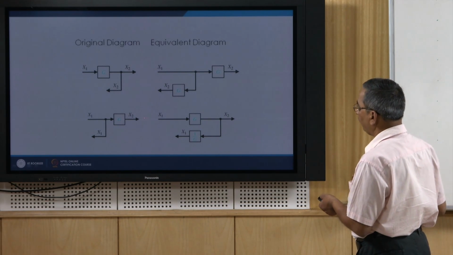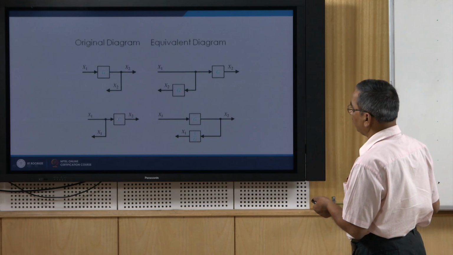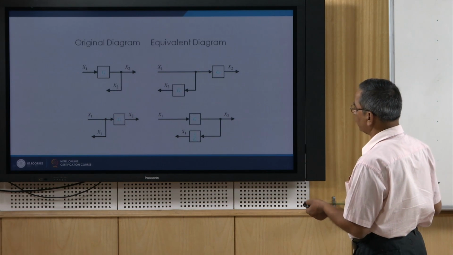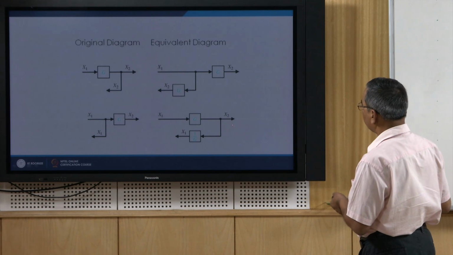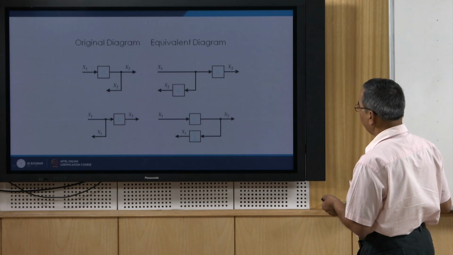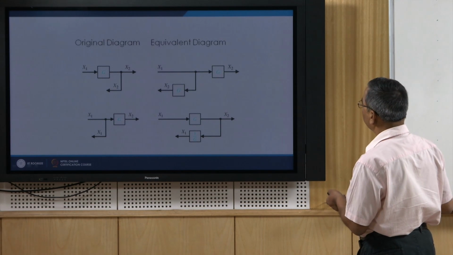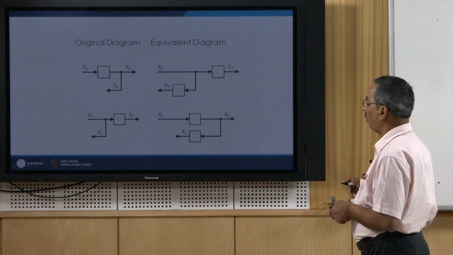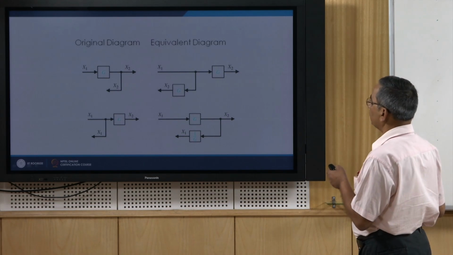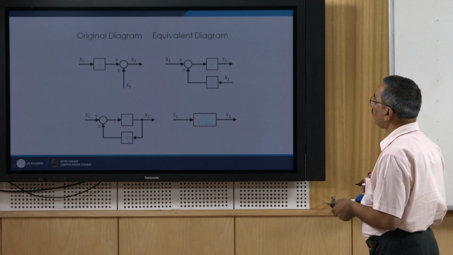Here x2 is going to be g x1, and x1 is already there. So here x2 is g times x1, and here x1 will be 1 by g times x2, and x2 is again g x1. So here we will be getting x1 only. So, this is how it is.